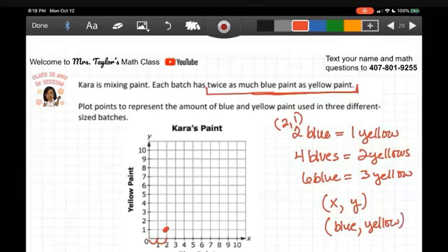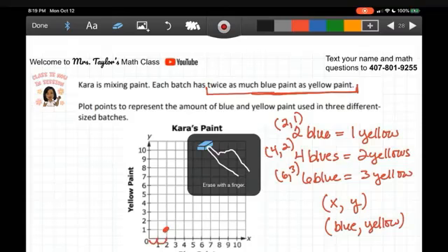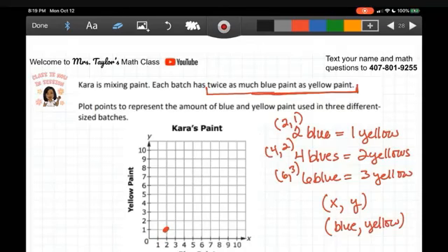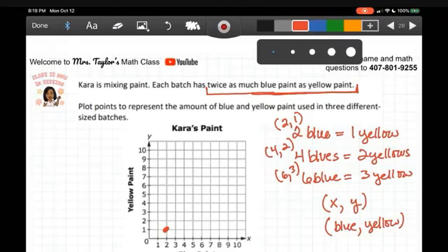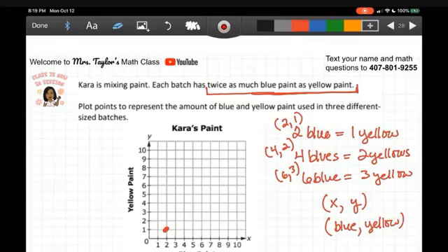So if I wanted to do the rest of these points, it would be 4, 2 and 6, 3. And so we can plot the points, so that's what they want us to do. Alright, so I can also do 4 and 2 and 6 and 3. And that's it.